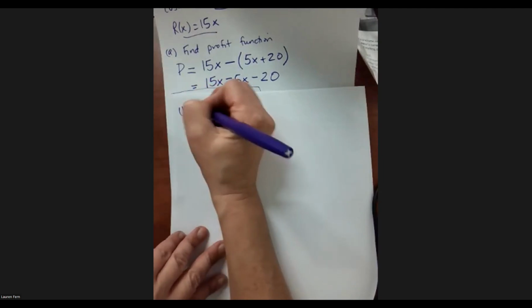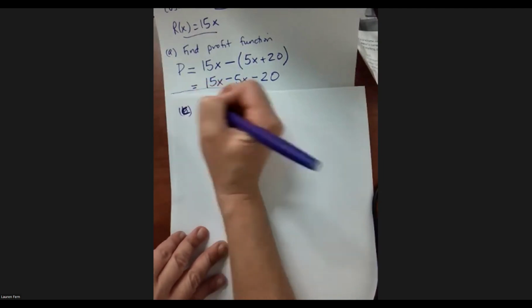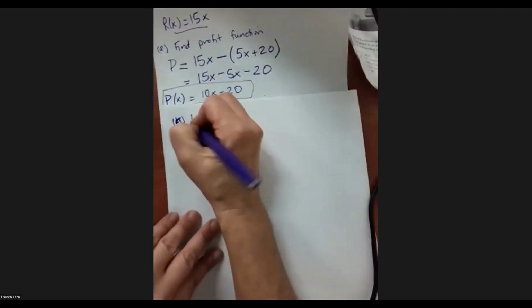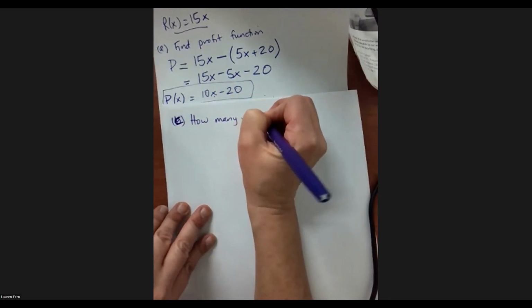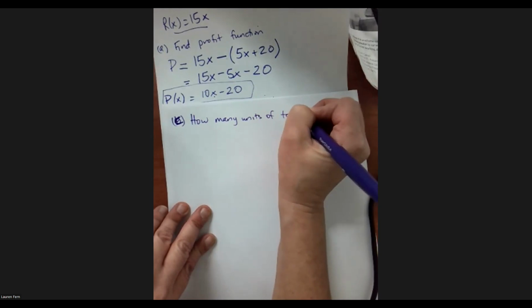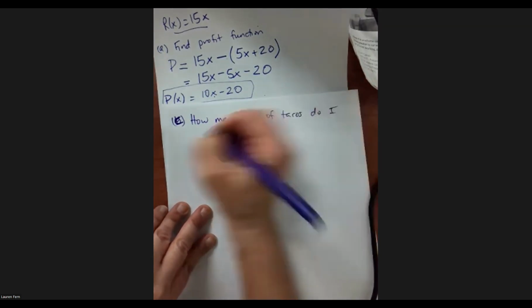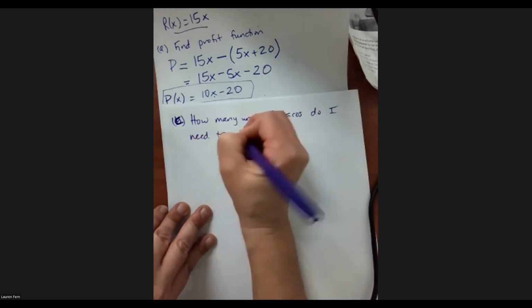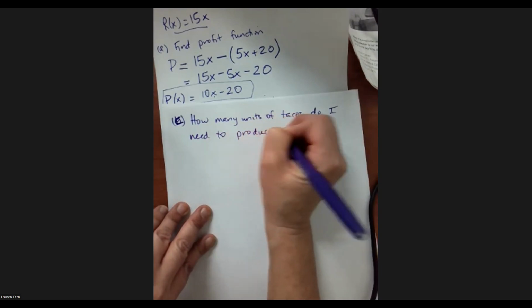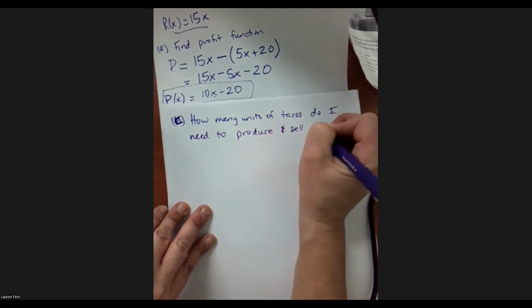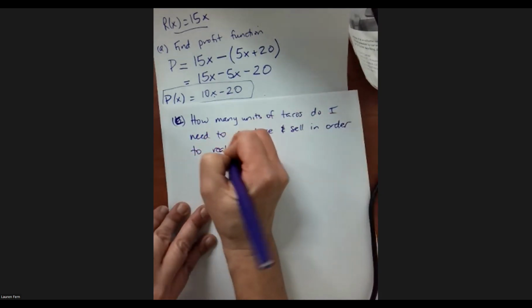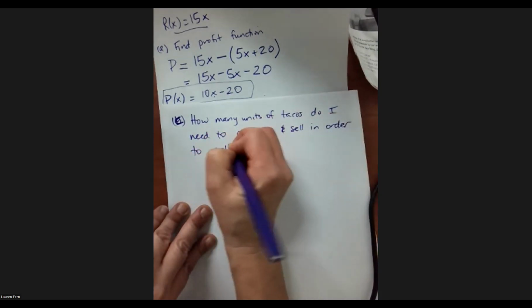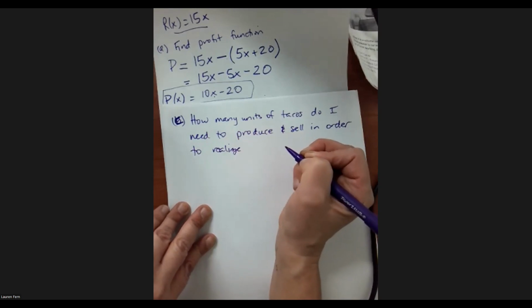But what if I ask you, this is part C. How many units of tacos do I need to produce and sell in order to realize that I should go into a new business?